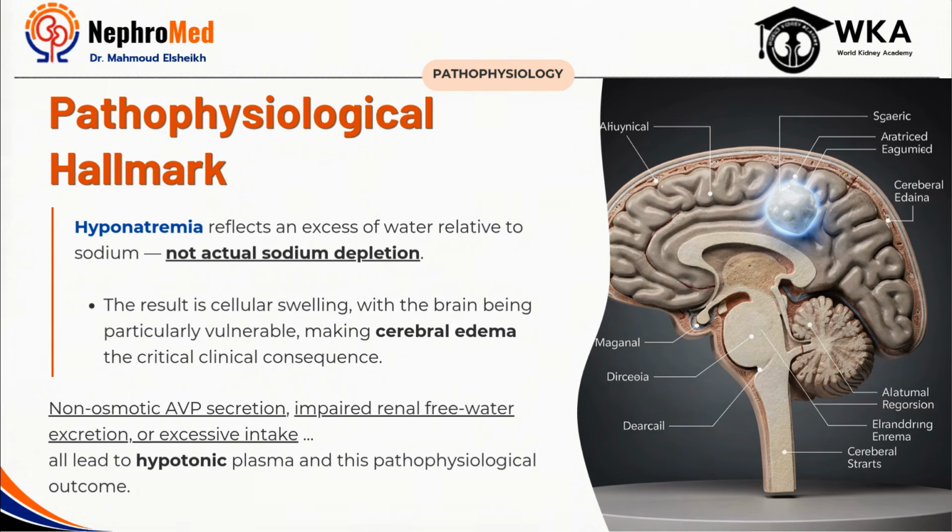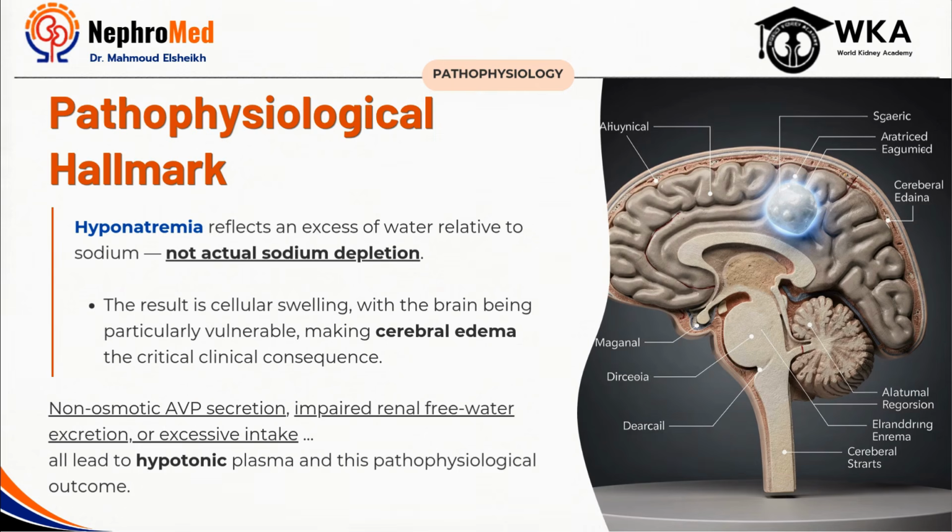Now, this is probably one of the most important concepts in all of hyponatremia. Hyponatremia usually doesn't mean true sodium depletion. In most cases, it actually reflects an excess of water relative to sodium. And that distinction is critical because what really matters physiologically is the development of hypotonicity.